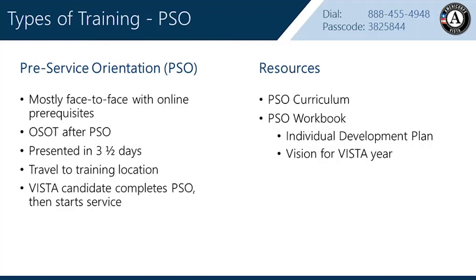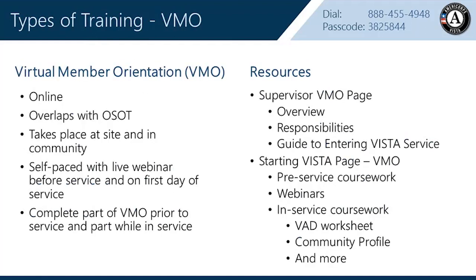VISTA candidates enrolled in the new VMO will complete pre-service online forms and coursework prior to starting their service, and they'll have recommended coursework that they should take and complete within their first 2 weeks of service. The coursework recommended for their first weeks of service is designed to really dovetail with your OSOT, so it's designed to work together.